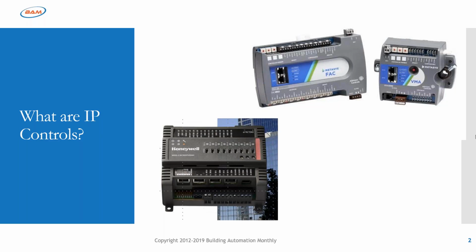What is the difference between object IDs and device instance numbers? Object IDs are going to be the actual ID of an object. An object could be an AI, a BI, or a calendar.